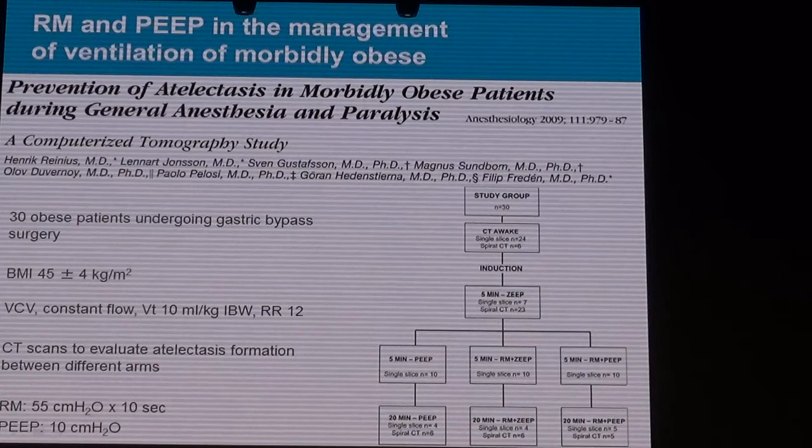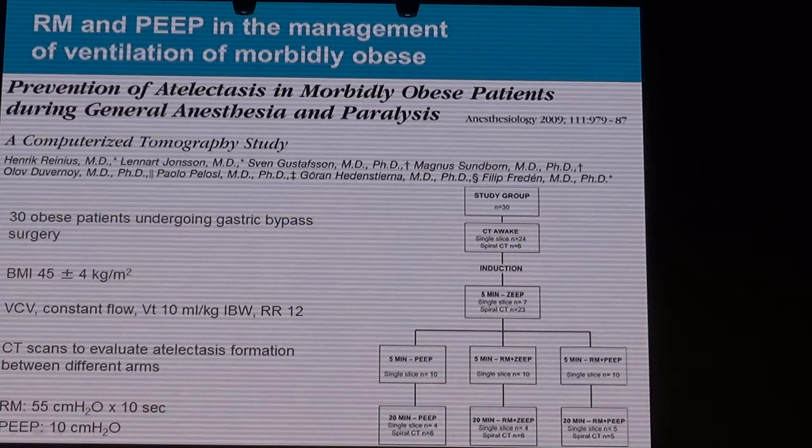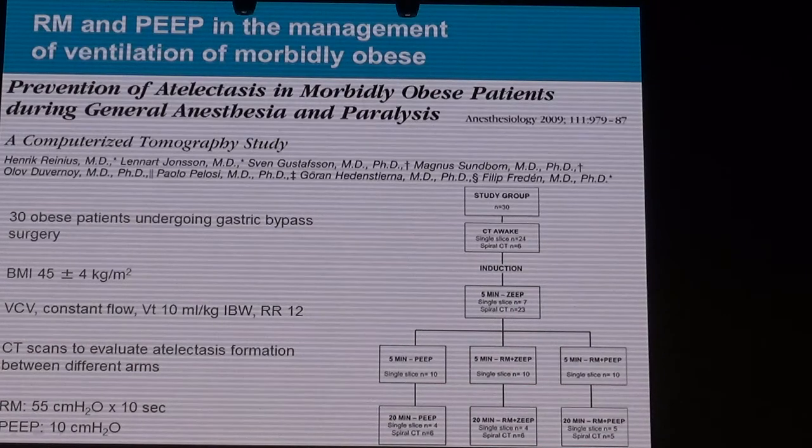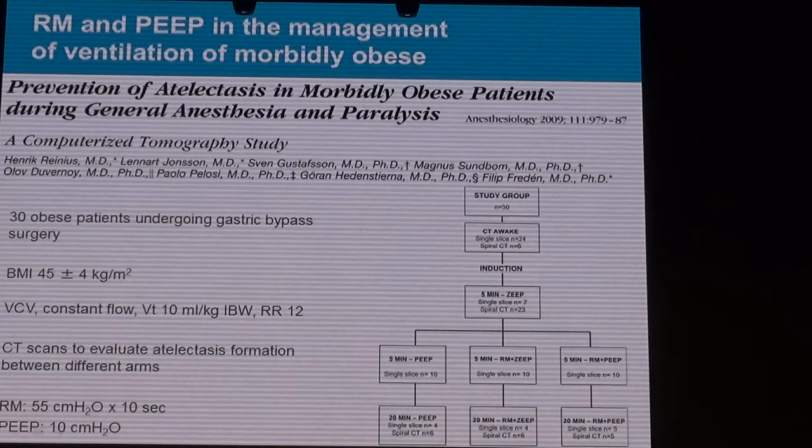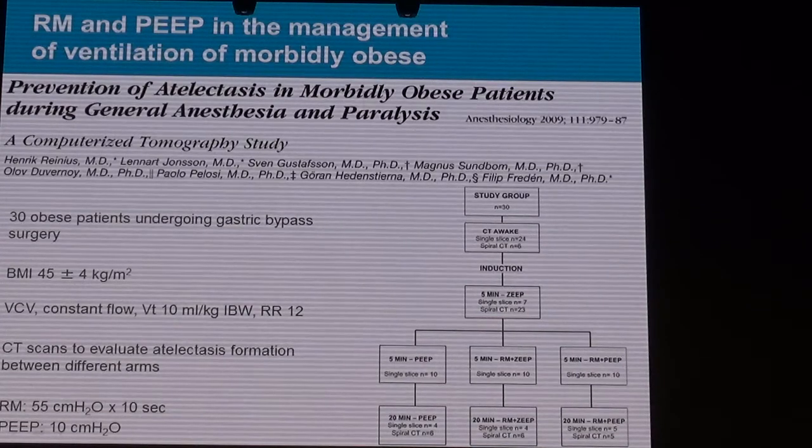The first study, now going to physiology, that I think really helped to understand a better approach of ventilation to this patient population comes from the Edestierna group. They had 30 obese patients, divided in groups of 10. The first group of patients was induced under anesthesia and then ventilated without any PEEP, so at zero end-expiratory pressure.